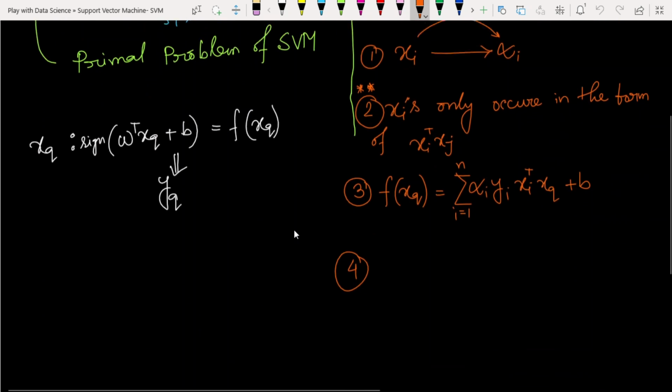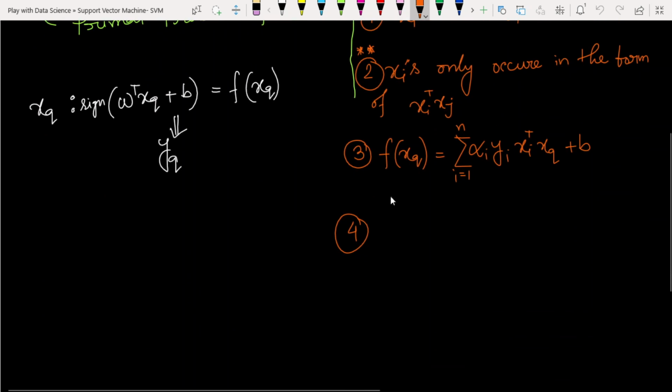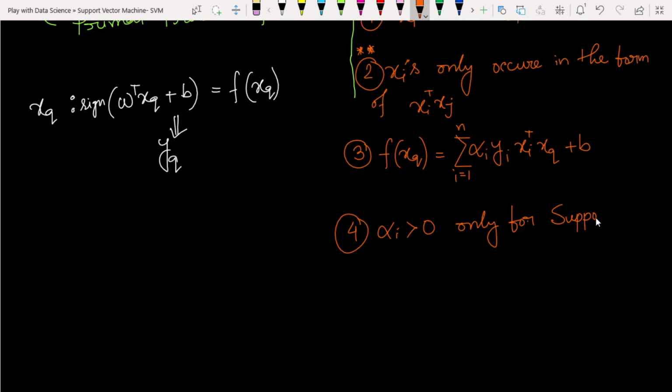But the main advantage of this problem is that we consider alpha i greater than 0 only for our support vectors, and alpha i equals 0 for non-support vectors.